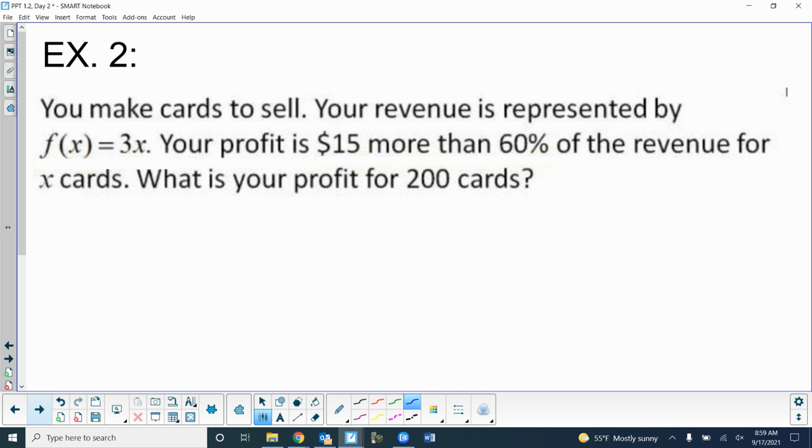You make cards to sell. The revenue is represented by f of x equals 3x. Your profit is $15 more than 60% of the revenue. What is your profit for 200 cards? Very similar problem.